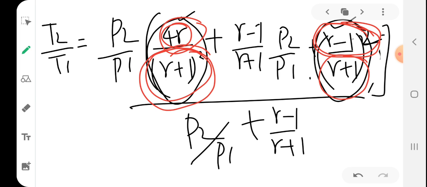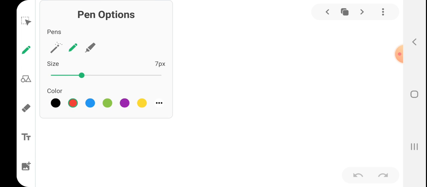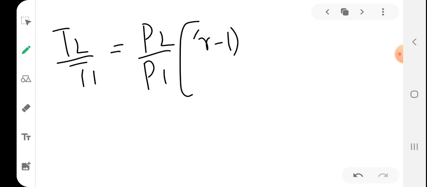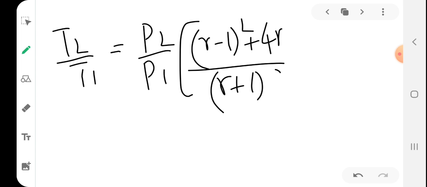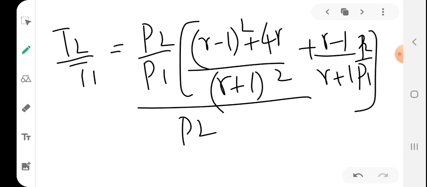So in the numerator it is gamma plus 1 whole square, and the denominator is also gamma plus 1 whole square itself. So that term will become 1, right? So T2 by T1 will become P2 by P1 into gamma minus 1 whole square plus 4 gamma by gamma plus 1 whole square plus gamma minus 1 by gamma plus 1 into P2 by P1, by P2 by P1 plus gamma minus 1 by gamma plus 1.